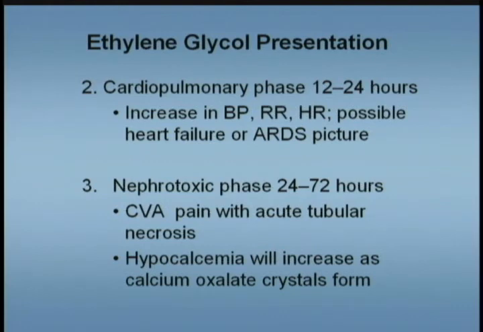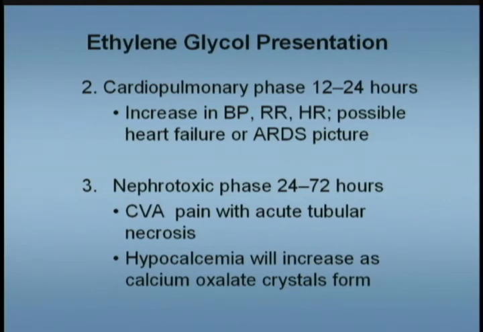The second phase of ethylene glycol intoxication is they call it the cardiopulmonary phase classically. That's 12 to 24 hours. And this is increased heart rate, increased blood pressure, increased respiratory rate. They're short of breath. They may have an ARDS, acute respiratory distress syndrome type picture.